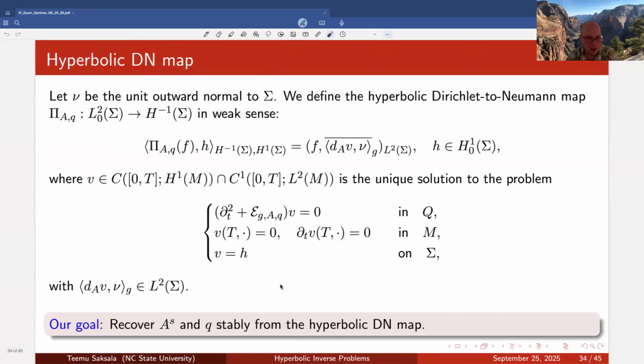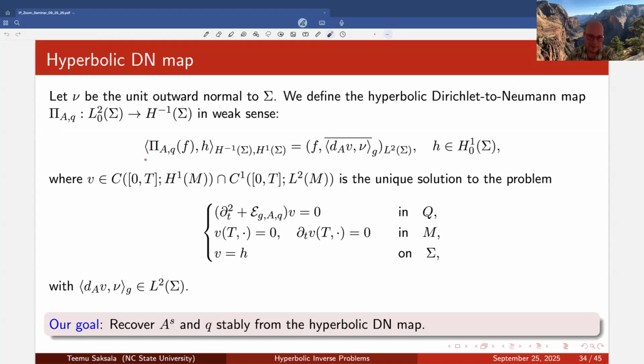And what is my measurement now? It is this hyperbolic DN map. But in this project, I unfortunately need to look at very rough boundary sources, sources which are only L2. So I need to define my hyperbolic Dirichlet-to-Neumann map in a weak sense.